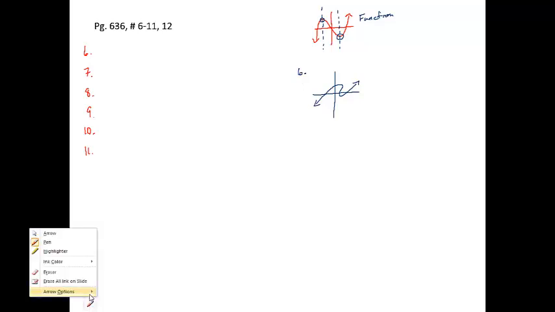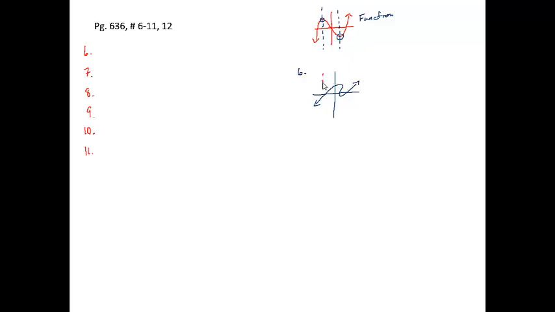Now let's look at number 6. Draw a vertical line in there. Okay, this is how number 6 looks. When you pick where you draw your vertical line, try to pick one that actually goes to the graph. You got to be very careful where you pick it.